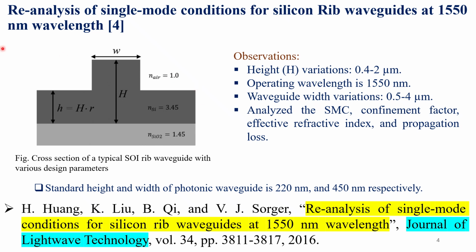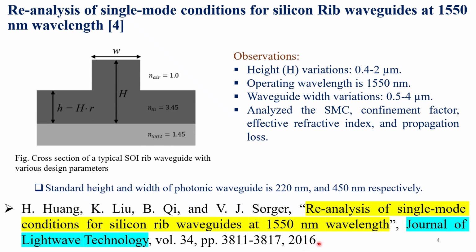If you search this title, Reanalysis of single mode conditions for silicon rib waveguide at 1550 nanometer wavelength, you will get an article which has been published in the Journal of Lightwave Technology in the year 2016, which means almost 10 years back.